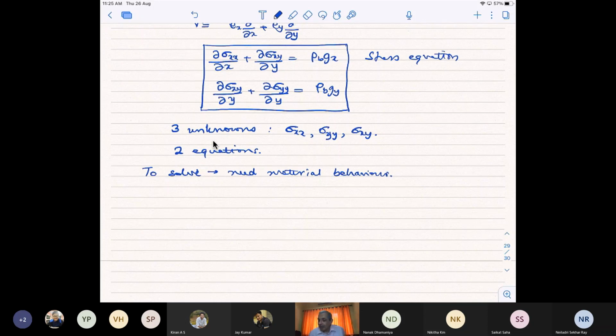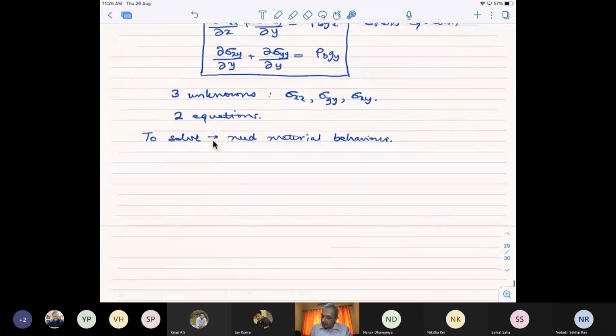So immediately one of the components drops out. For a liquid, this component is 0. So then there will be two unknowns and two equations, and we can solve it, because a liquid cannot sustain a shear stress.